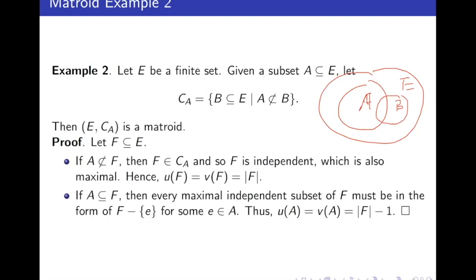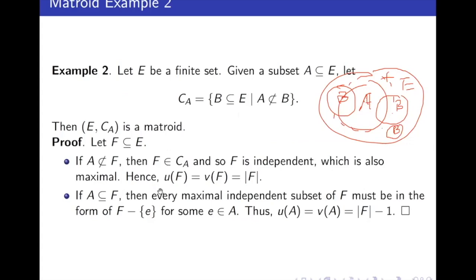And so you don't have anything that includes A. So anything here or touching it, these are all possible B's. Okay, you include all of these B's, and then I call it CA, but not this one. A is a subset, so this is not. Then we're saying that this is a matroid.